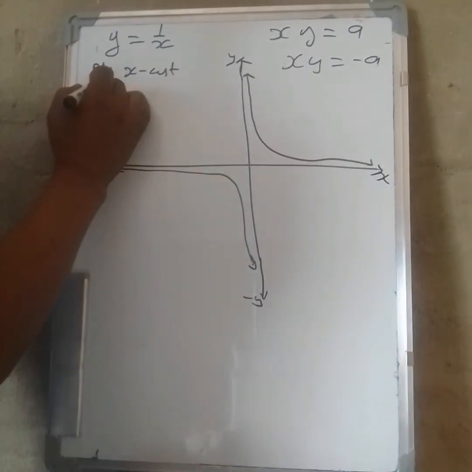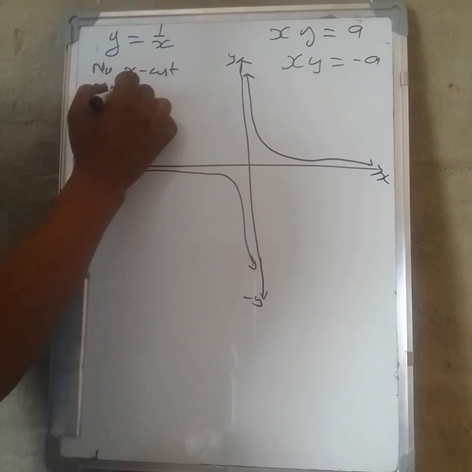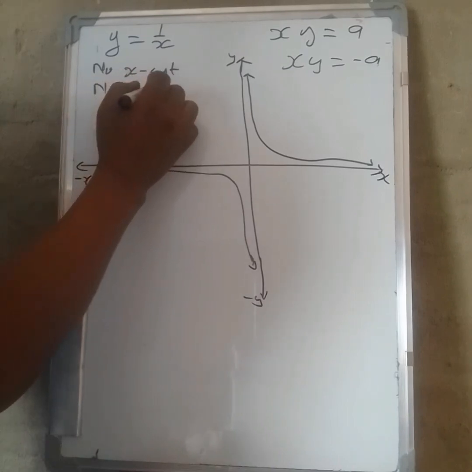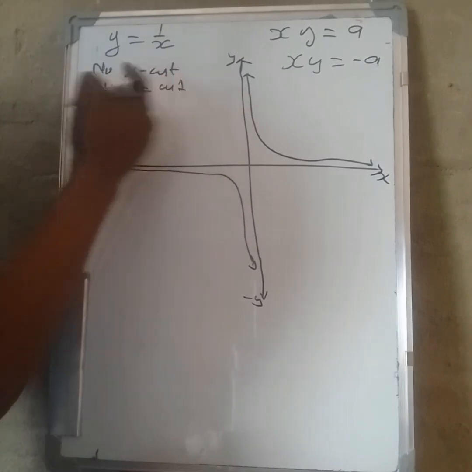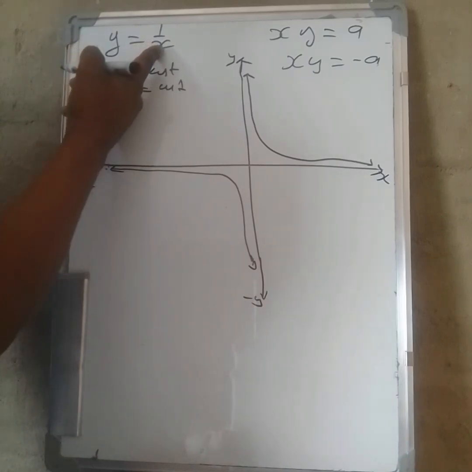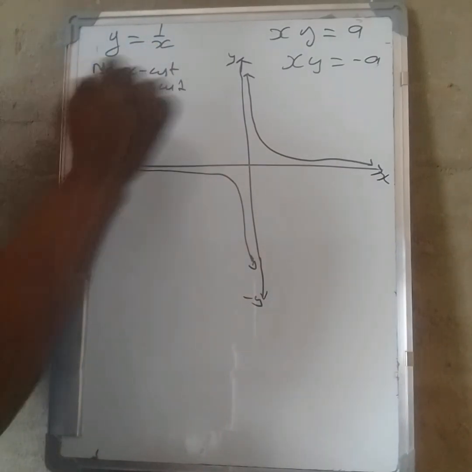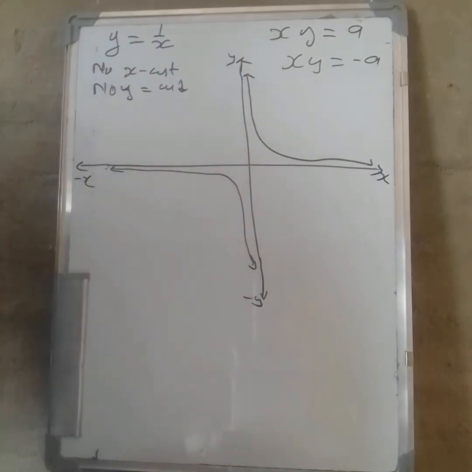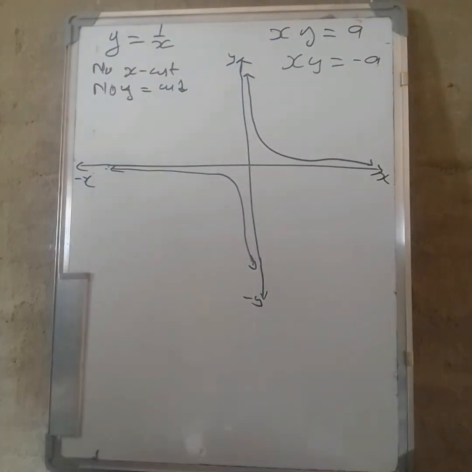Same thing if you try to find the y-cut. What are you going to do? For the y-cut, put x equals 0. When you put 0 here, this thing is undefined. So again, there is no y-cut.